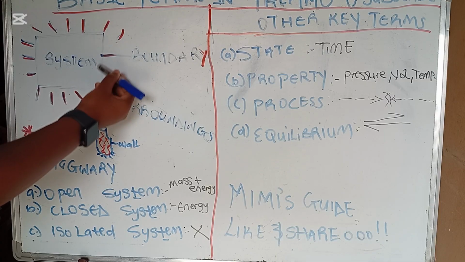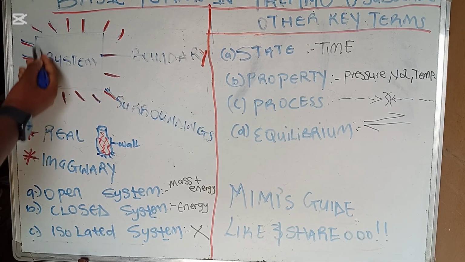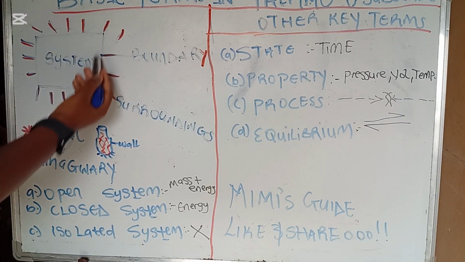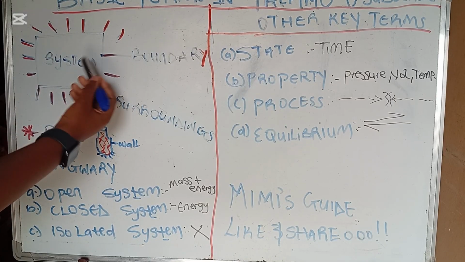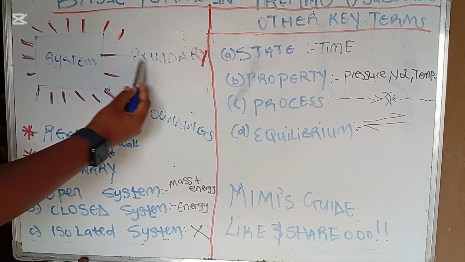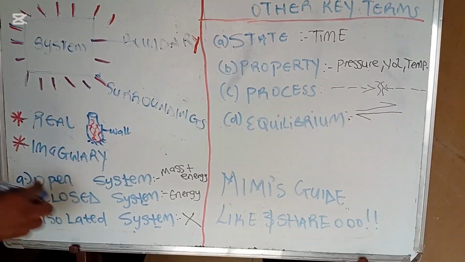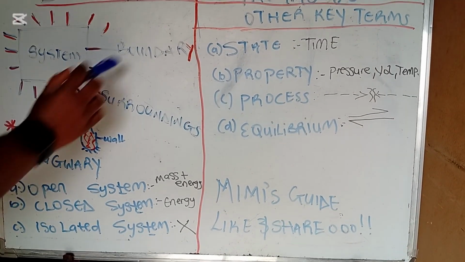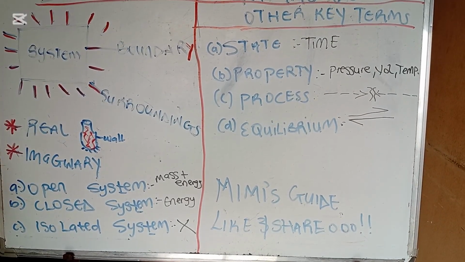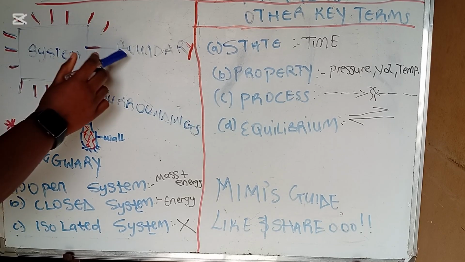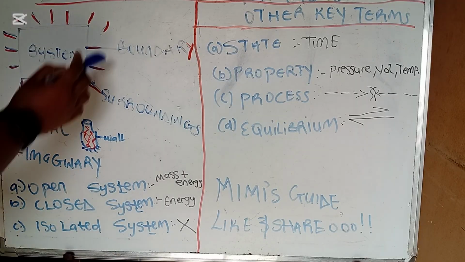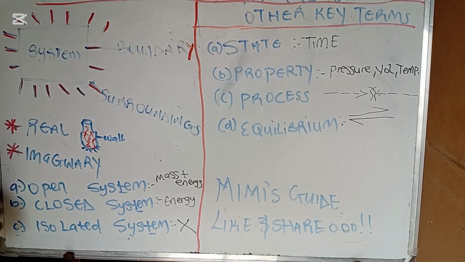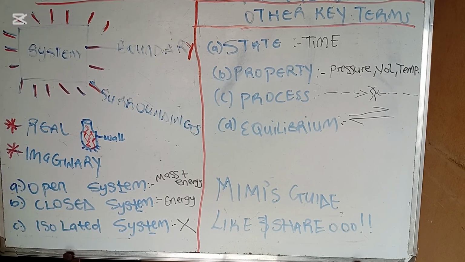This box here, can you see this line here? This is the surface that separates both the system and the surroundings. That's why we have boundary here. Now, someone might be asking, how do we identify a boundary? Boundary falls under two classes, which are real and imaginary.